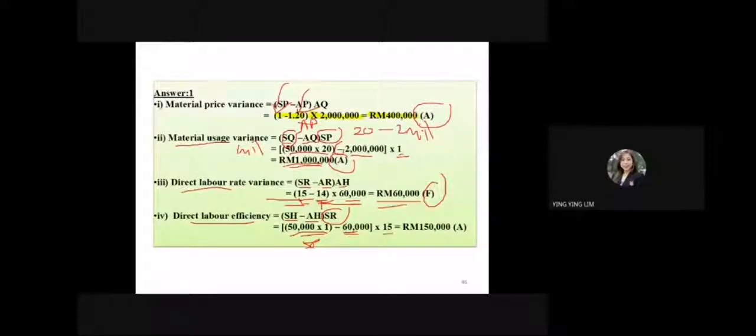Whole thing you multiply with your standard rate per hour, which is 15 again. So your variance here is RM 150K. So is it adverse or favorable? You expect the labor is going to use 50,000 hours, but now in actual, your labor uses 60,000 hours. So they are using more hours, definitely it's not good, so therefore it's adverse.